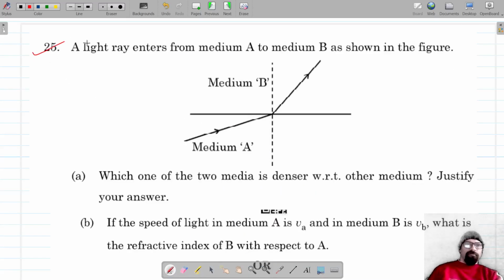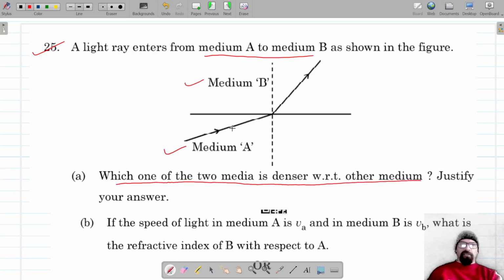Okay, for question number 25, a light ray enters from medium A to B, as shown in the figure, and we have to state which of the two media is denser with respect to the other. This is medium A and this is the refracting surface, which refracts the light, and this is the normal, perpendicular to it.